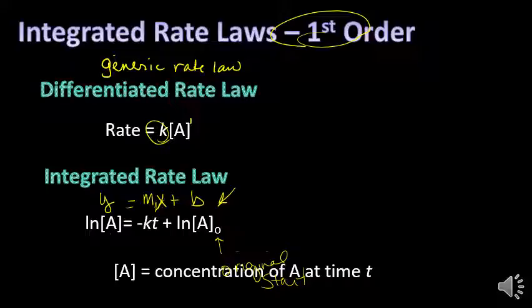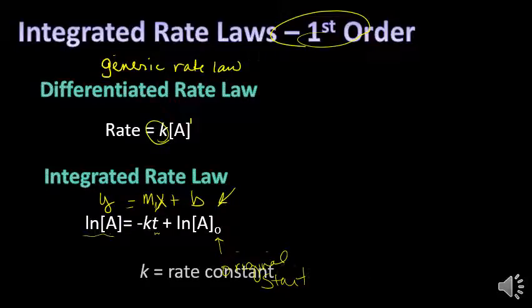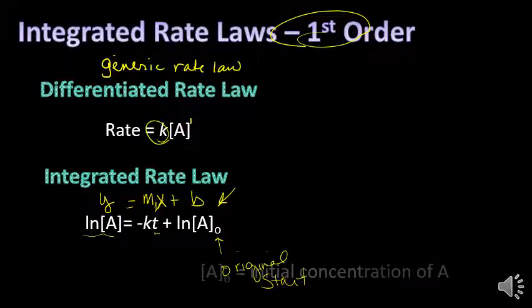A is your concentration at time t. So if this is on the y-axis, t is your x-axis. k is your rate constant. t is time. A sub 0 is your initial concentration.